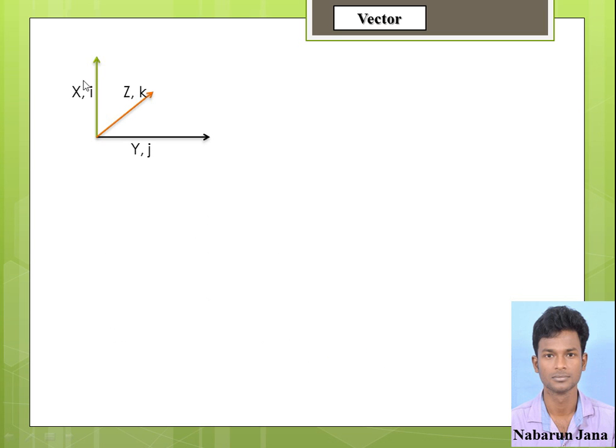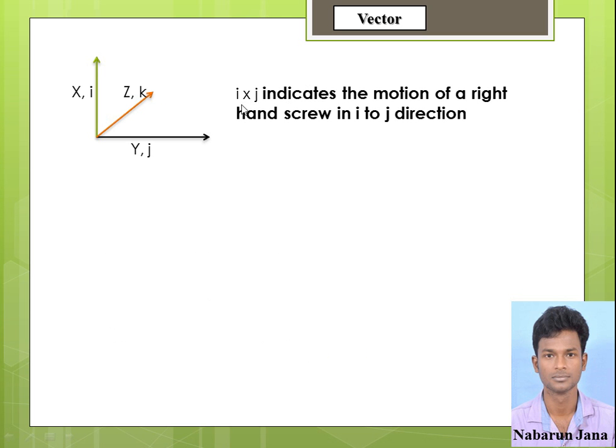Say this one is the x axis, this is the y axis, and this is the z axis. Here i cross j indicates the motion of a right hand screw from i to j direction. Let a right hand screw be put here and rotated from i to j.